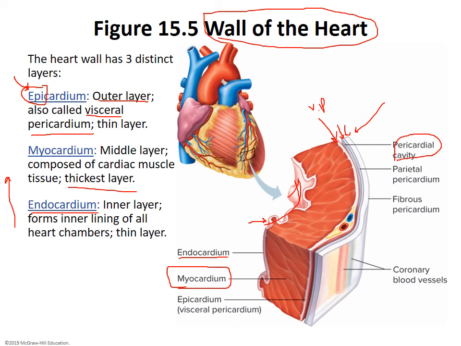But if I'm looking at the layers of the wall of the heart, I have endocardium, myocardium, and this same structure is then called epicardium. All right, so it's the same structure, two different ways of naming it. Looking at the walls of the heart, it's epicardium. Looking at the membranes of the heart, it is visceral pericardium.